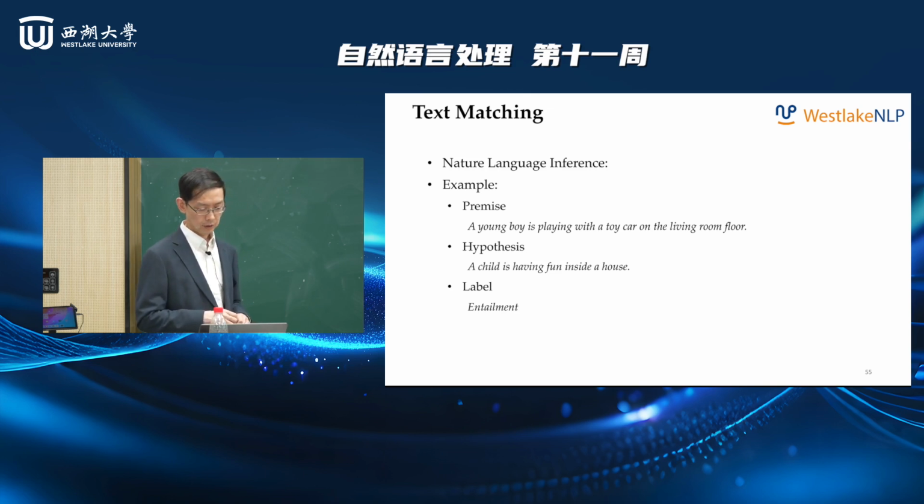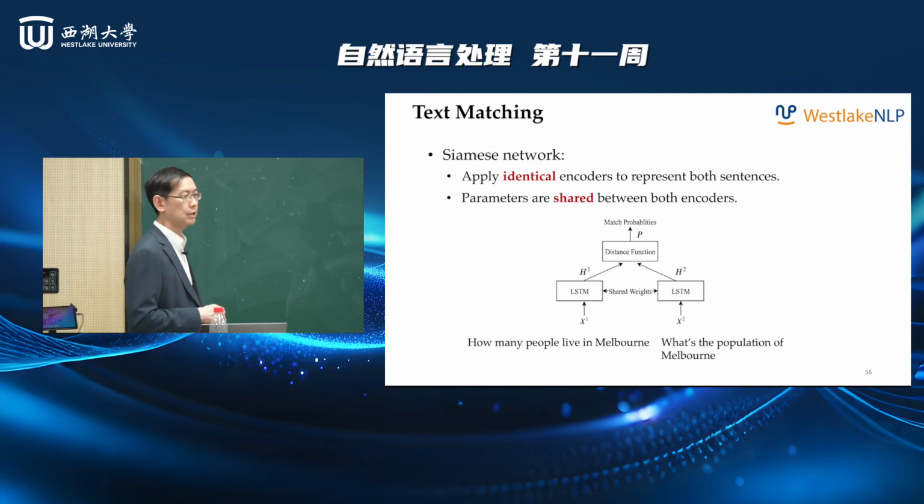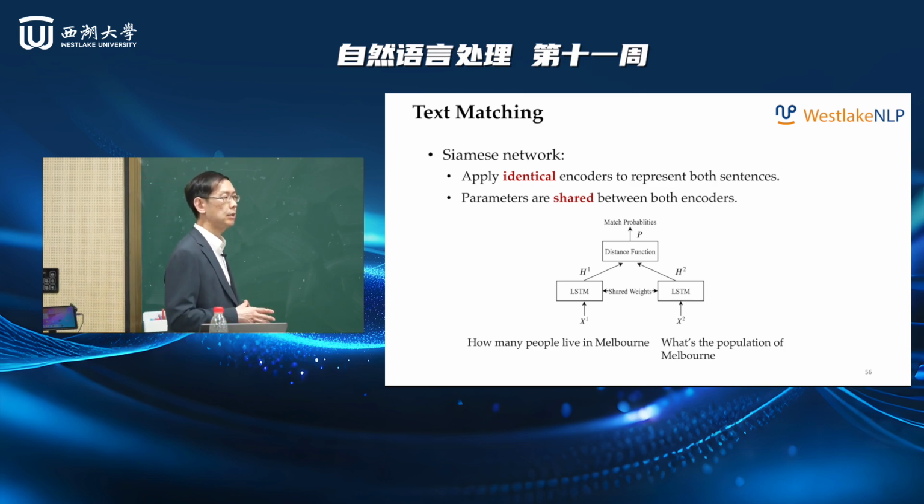Okay? So how do you model text matching? I tell you two networks. The first is called a Siamese network. The network is named after the famous Siamese twin. You can look up Wikipedia or ChatGPT about their stories.